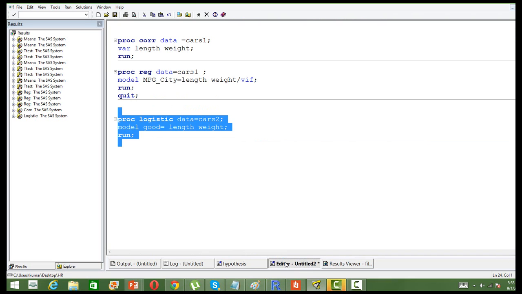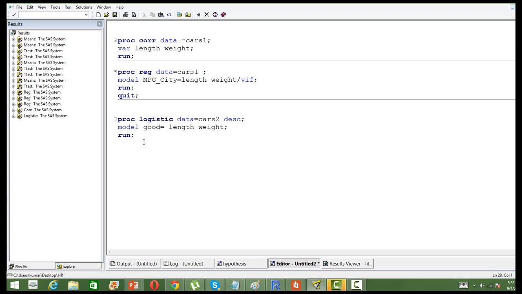Okay, we have made another mistake here. Use this keyword descending, because we are actually modeling for 1, not 0. By default, it models the probability of 0, the probability of non-event. But we are interested in the probability of the event, right? So we use this keyword descending.